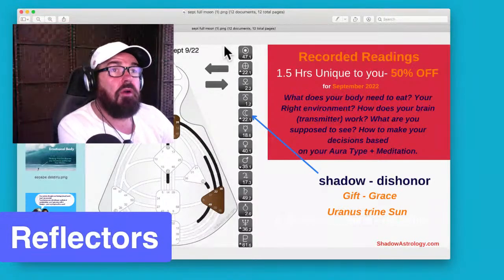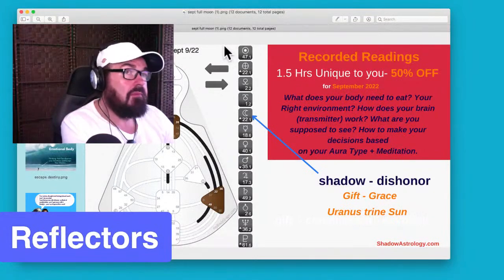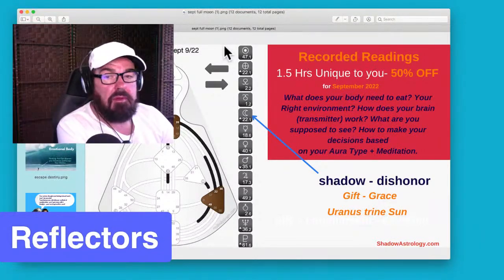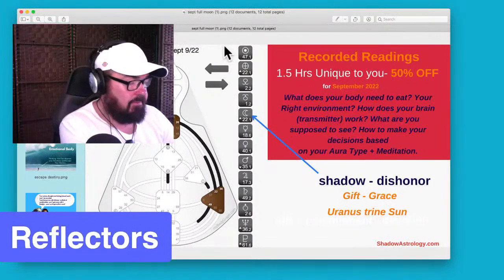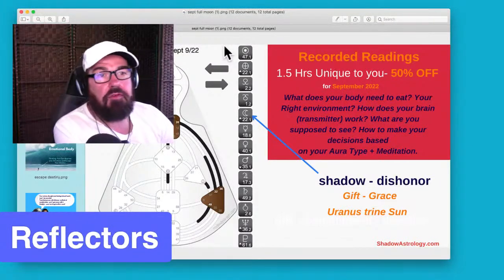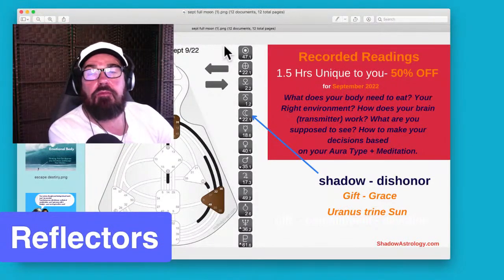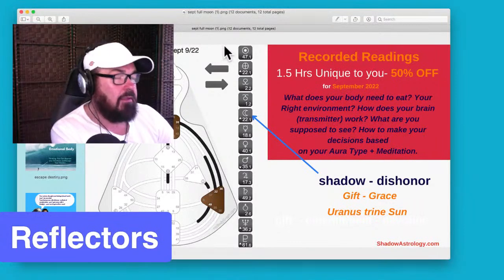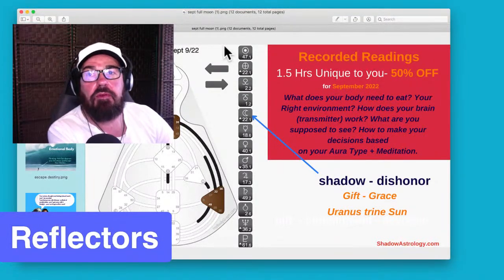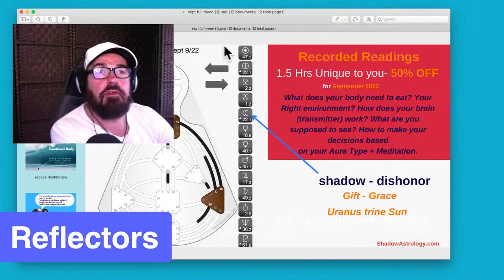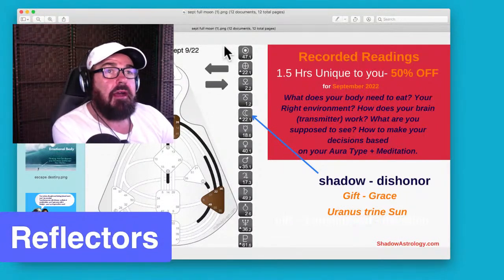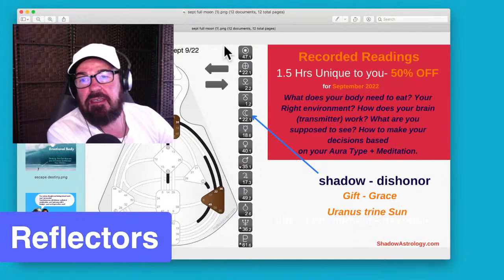Okay. The reflectors, they have an important role. So reflectors, when they're not operating correctly, they're trying to be generators and manifestors, because most reflectors want to be generators. They feel disappointed, right?